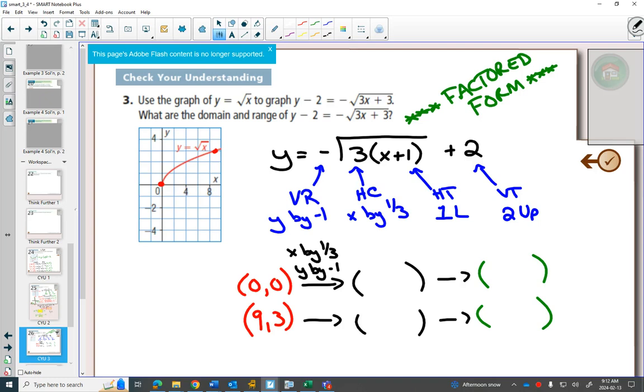So if I would do that, this will become 0, this becomes 3, multiply by -1, this stays 0, and this becomes negative. Then I need to go 1 to the left, and 2 up. 1 to the left will go -1 and +2, and 2 up, +2, and -1.